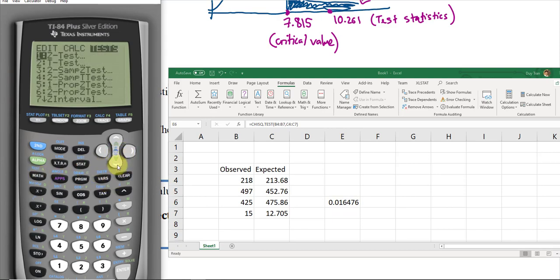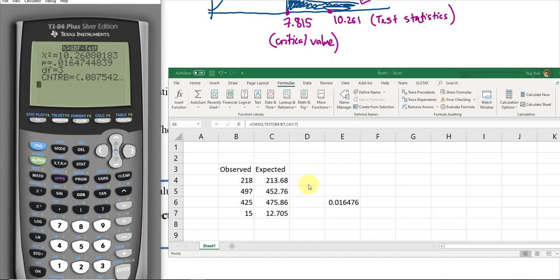On the TI-84: stat, test, goodness of fit test for chi-square, with L1, L2, and degrees of freedom. You get 0.016476, so they are pretty much the same.